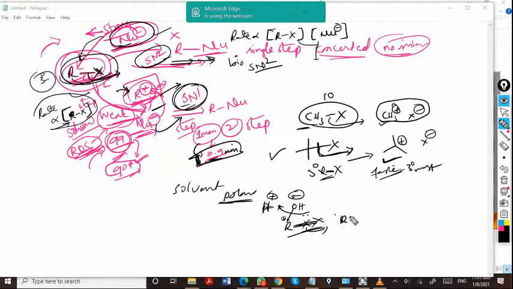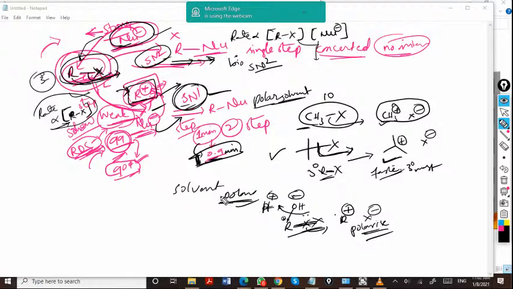It will break itself into ions. When polar solvents are there, they will polarize the starting material. So when polarization or ion generation happens, which mechanism should it follow? It should follow SN1. So SN1 needs polar solvents.